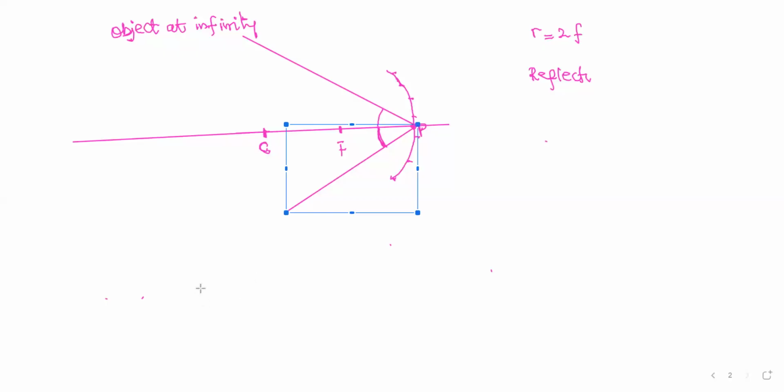Something like this. Then a ray of light from the object, which also passes through F, must be parallel to the other ray, must be parallel to this.